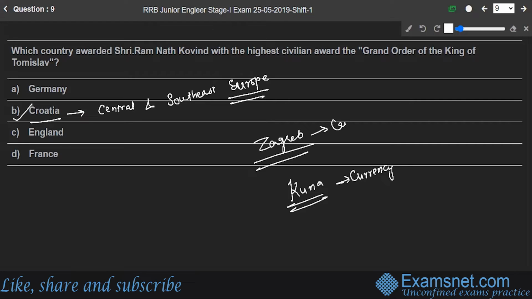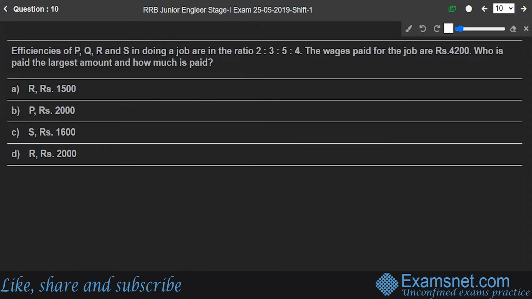Hope you understood that. That makes option B the right answer. Hope you understood. Next is question number 10.